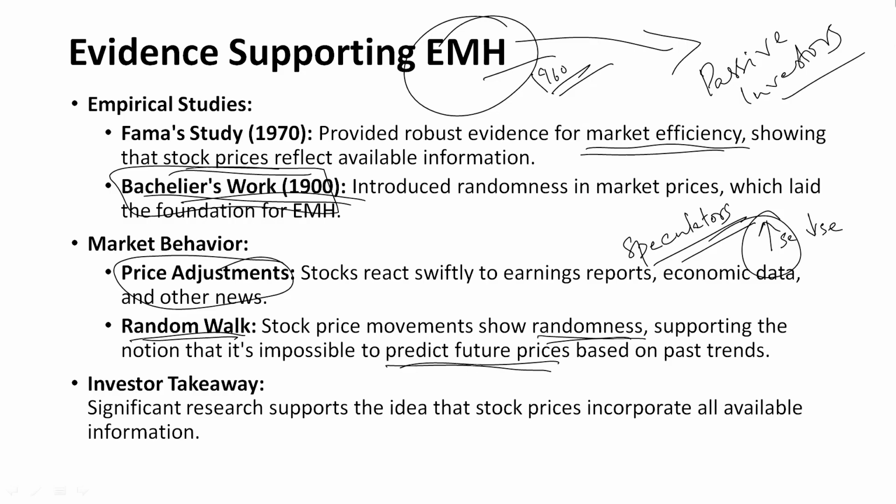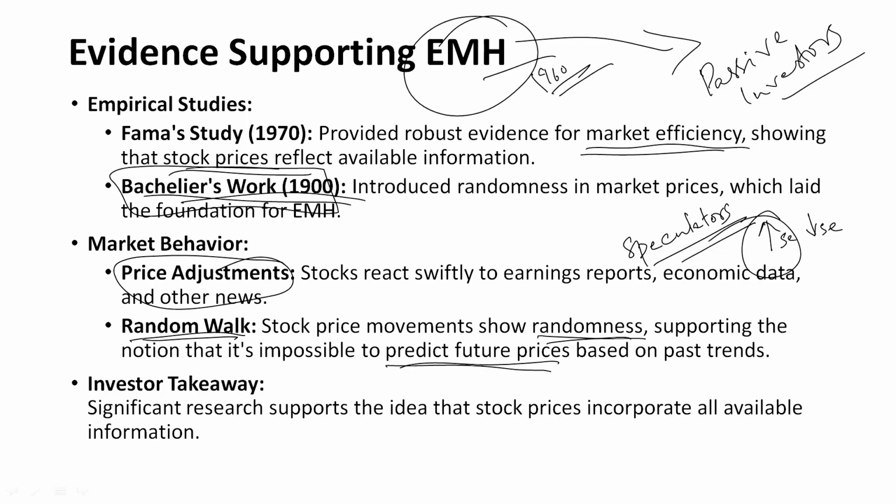Stock prices will incorporate all the information, but statistically or mathematically it becomes very difficult for any individual to predict the prices of any particular share, stock or portfolio. The only thing you can do is have a diversified portfolio so that you can take advantage of the changes in prices. If one is going up, the other can come down, so it gets balanced. That's the best thing which can happen in a stock market.